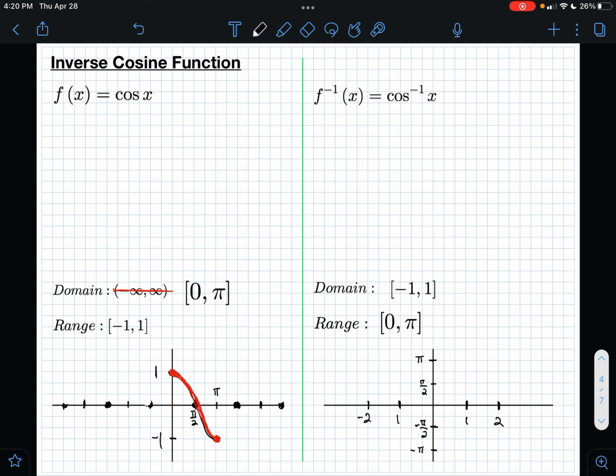Our points then, well, our left endpoint up here is 0, 1. So that's going to become 1, 0 in the inverse function. At the other endpoint, we have pi, -1, which is going to become -1, pi.